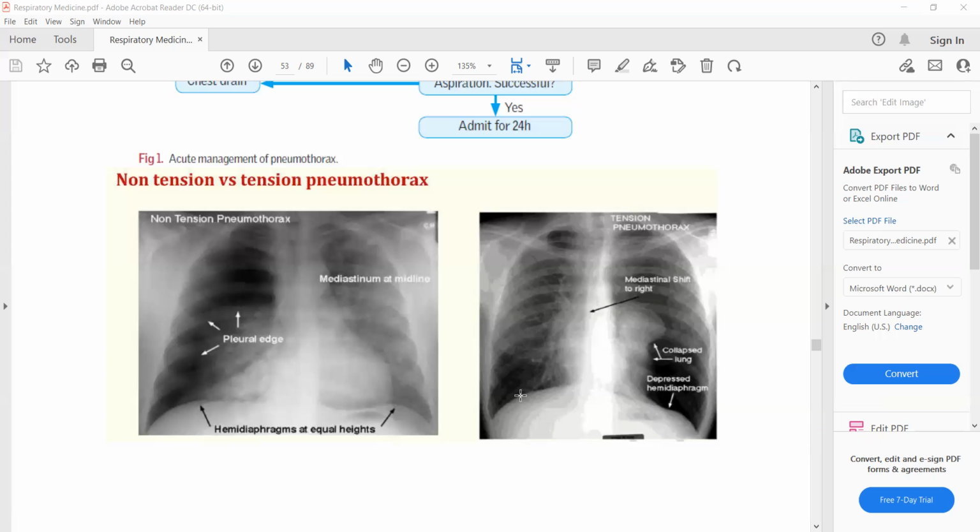This hemidiaphragm is elevated, and this hemidiaphragm that is on the affected side is depressed below this one. So tracheal or mediastinal shift towards the opposite side and depressed hemidiaphragm. These are the 2 points on the basis of which you can differentiate between non-tension pneumothorax and a tension pneumothorax.